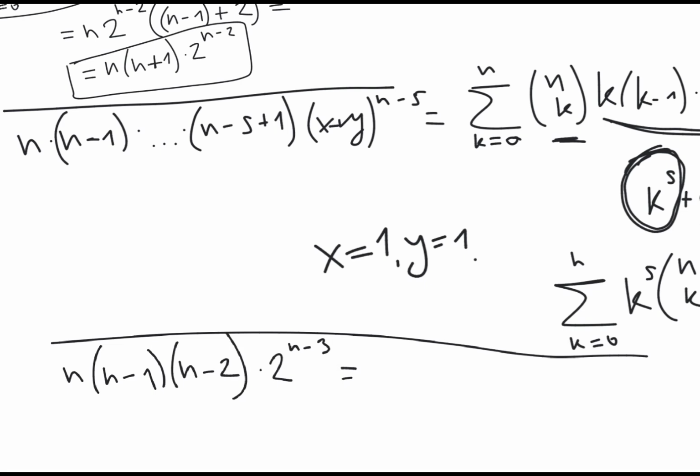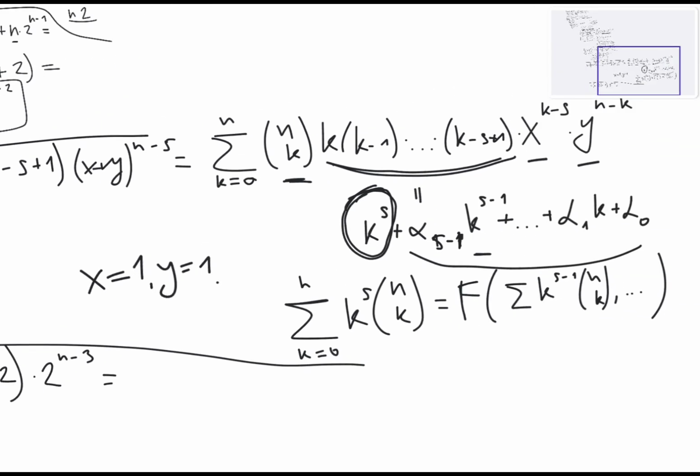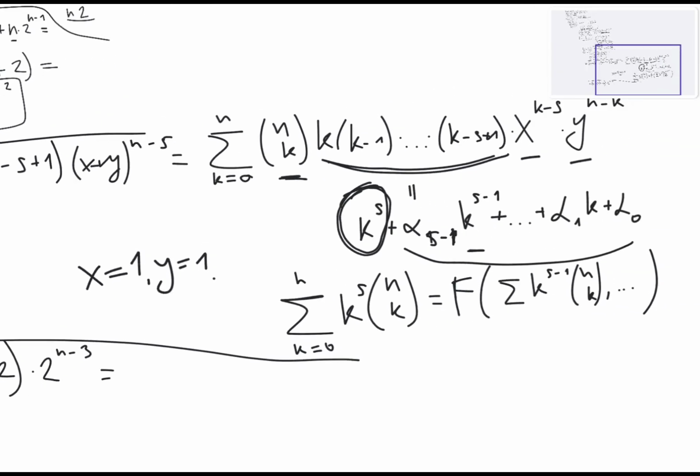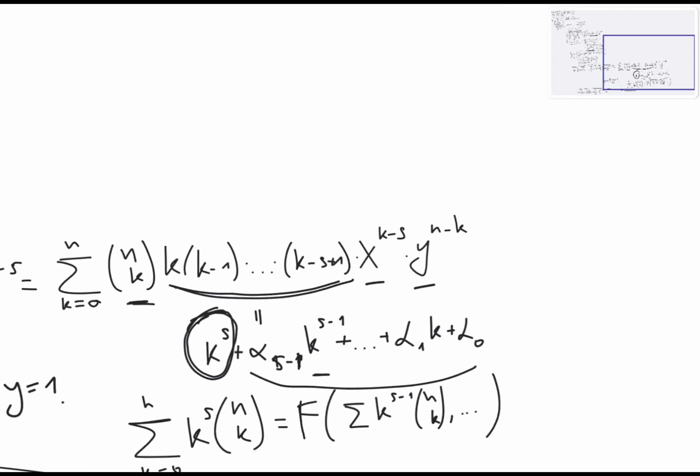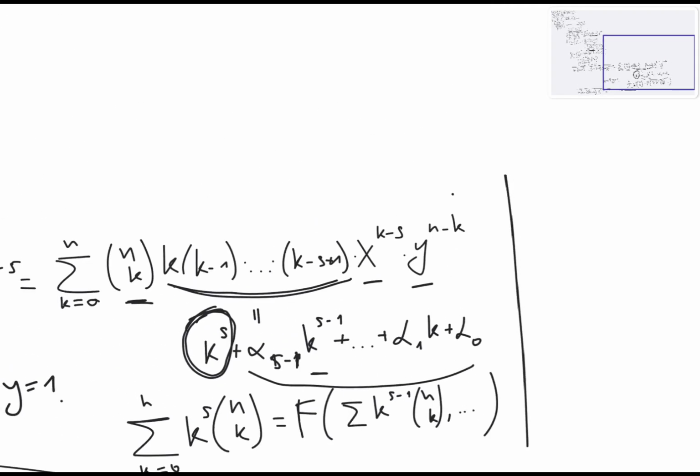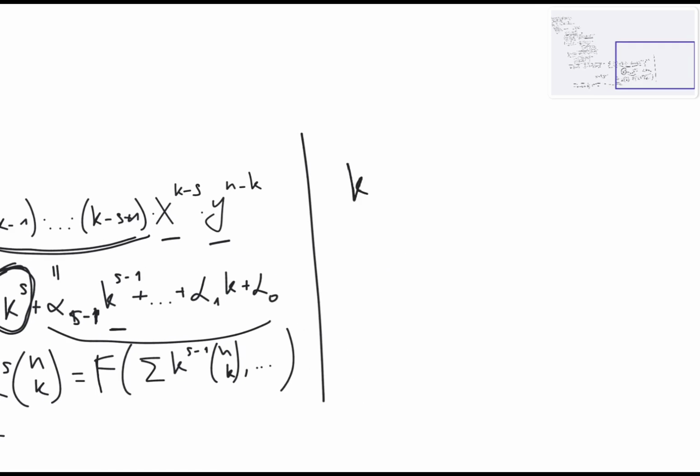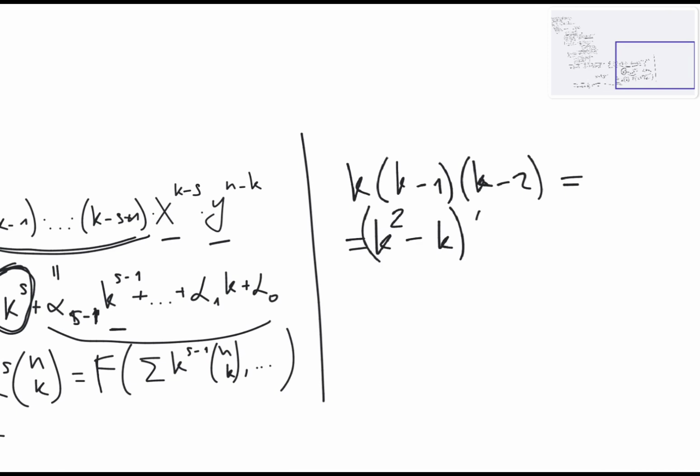And here we would get k multiplied by k minus 1 multiplied by k minus 2. When we expand this expression, what is it? It's k squared minus k, times k minus 2.